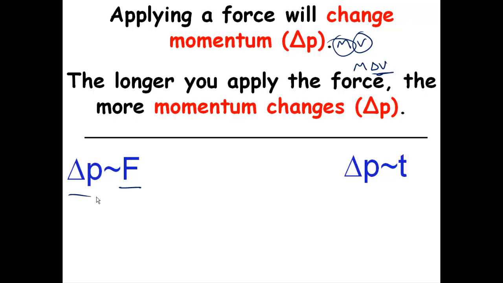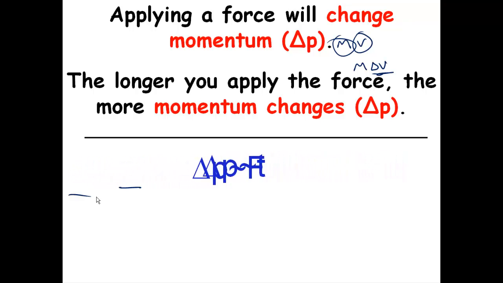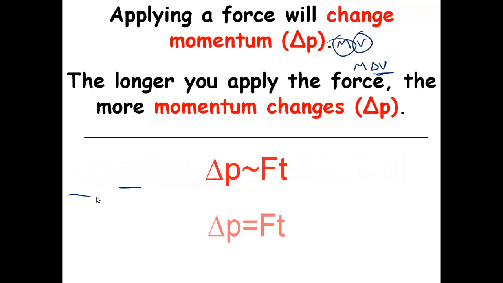So we have force and time, right? Either one of those, you apply a force, you apply it for some period of time, you end up changing the momentum. Put them together, and what do you got? Look at that. Remember, F times t is impulse, and delta p, delta means change, p is momentum.